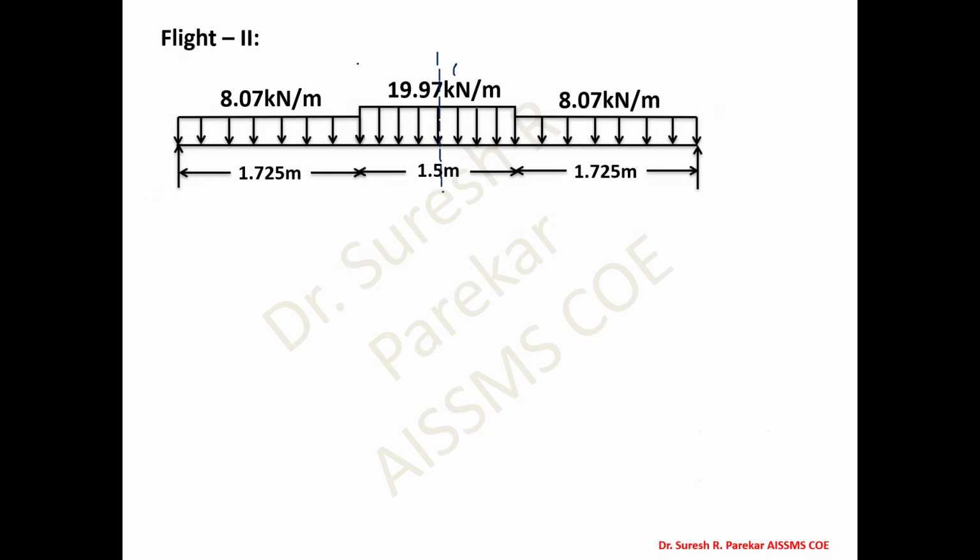And therefore we are going to get maximum bending moment at a distance 1.725 plus 1.5 by 2 from center. That will give me maximum bending moment because shear force will be 0 at center. Why?